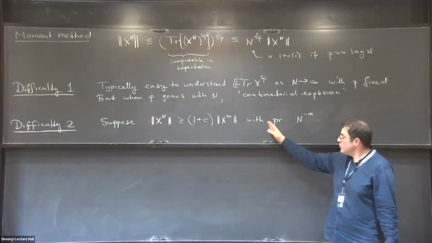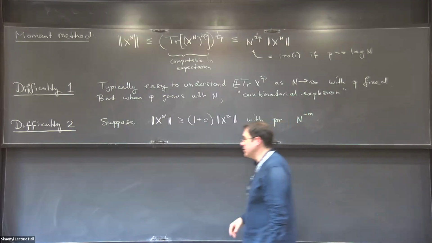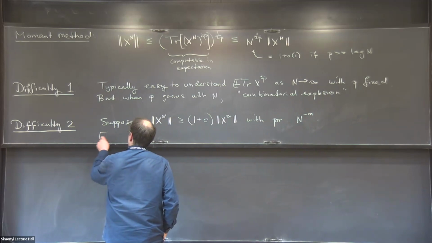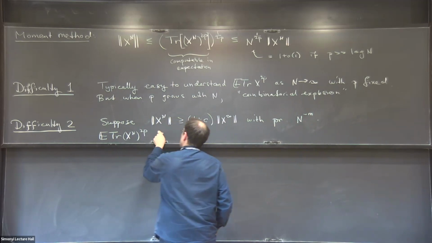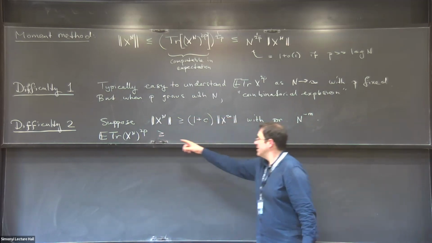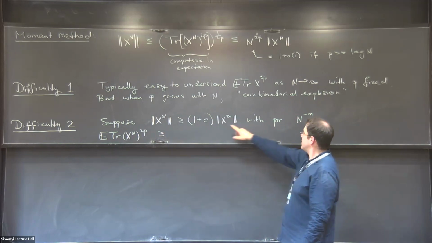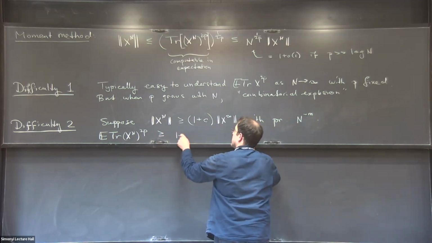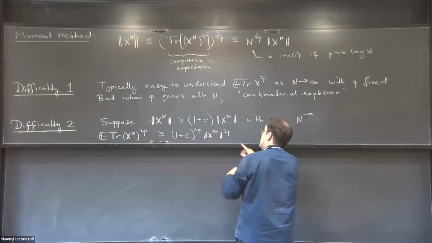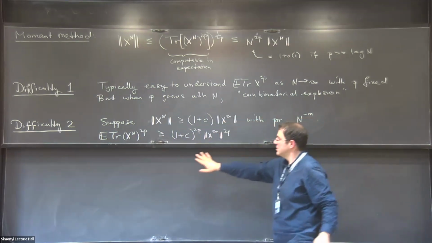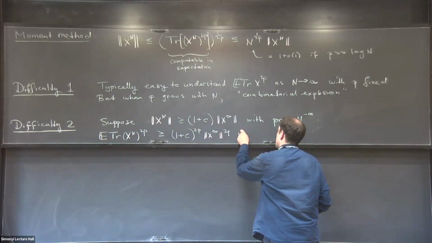So I claim that anytime you have outliers in the spectrum that have a polynomial probability, the trace method just fails. Why does it fail? Well, we can easily see it. If I take the expectation of the trace of X_n to the 2p, let's just lower bound this by taking the indicator on this event, right? On the event that this happens, this is greater or equal than (1 plus c) to the 2p times X_infinity to the 2p, and then you have to multiply by that probability, n to the minus c.